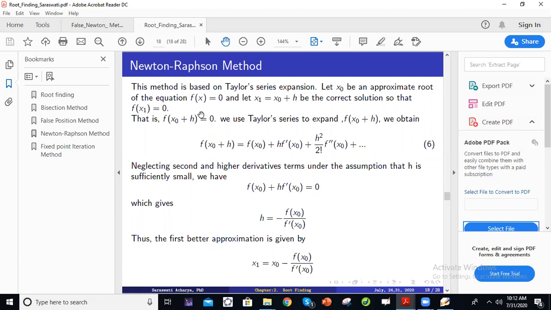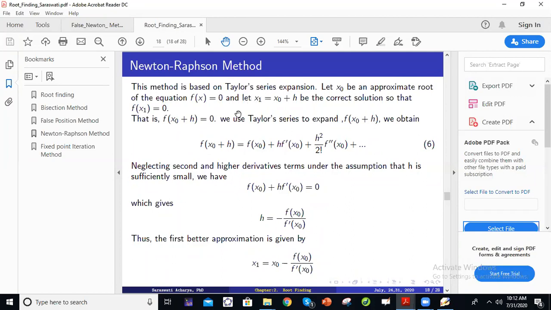Okay, in Newton-Raphson method we need only one initial case. Let's say x0 be an initial guess point of the function or equation f of x equals to 0. Okay, x1 लाई हामीले correct solution मान्यौ, correct roots.